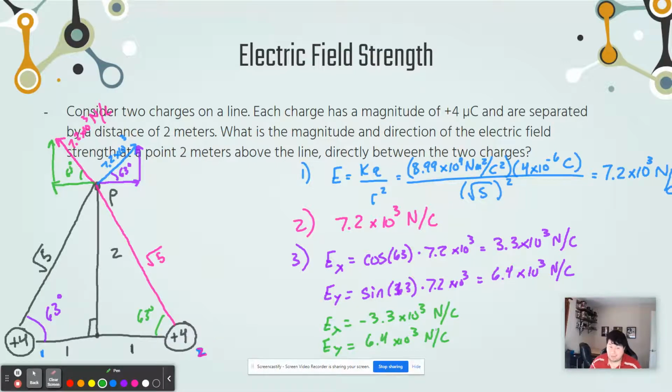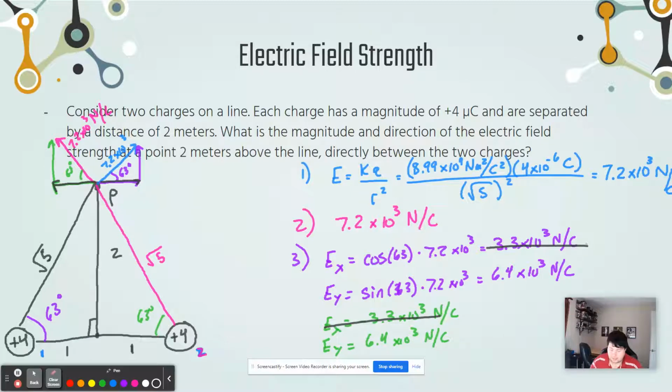Okay, after that, I can now use some algebra and some thinking about vectors to find the total. I know that this one is the same value, but the opposite sign of the x component of the other one. So these two are going to cancel out. There will be no net x component to this electrical field strength.